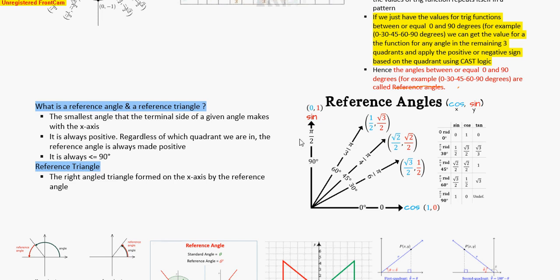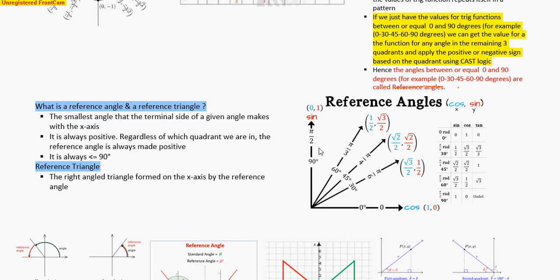So any angle that falls within this, 30, 45, 60 or any other angle, is called a reference angle. And if anyone asks for the value of a bigger angle outside of this, as long as you know the reference angle for that particular angle, you can calculate the value. That's what I've shown.